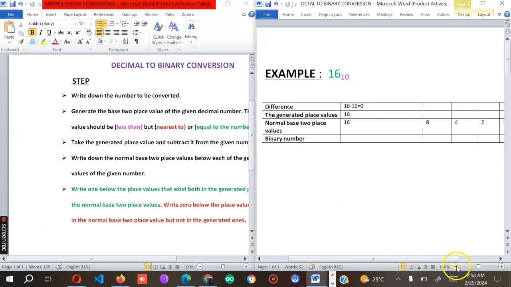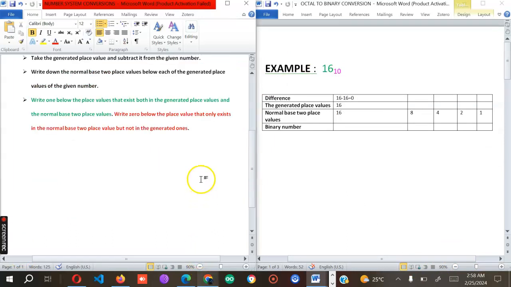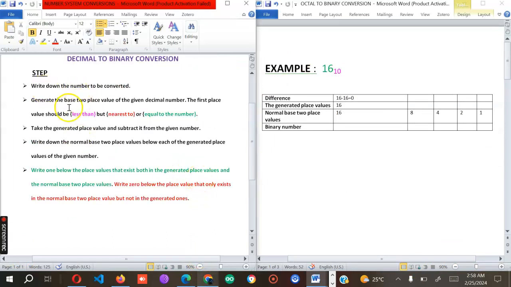I hope you are seeing. Okay, look at the rule. We have already done that. The nearest number is 16. Then we have written the numbers that we have.